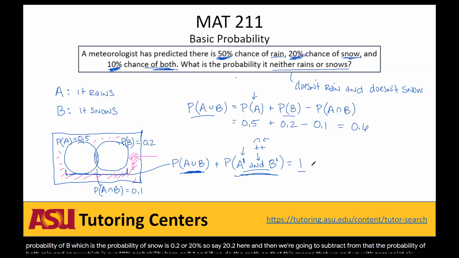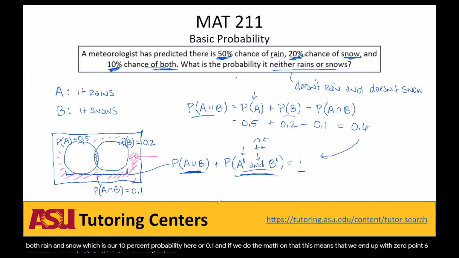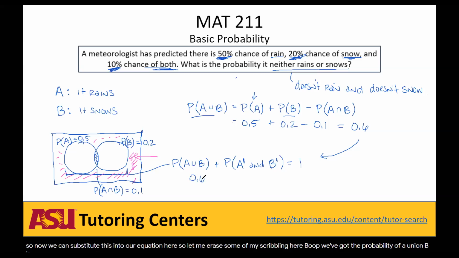So now we can substitute this into our equation here. So let me erase some of my scribbling here. So we've got the probability of A union B is 0.6, and that's the probability of rain or snow, plus the probability of not A and not B, which is the probability that it doesn't rain and it doesn't snow.